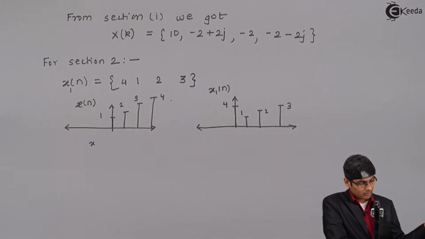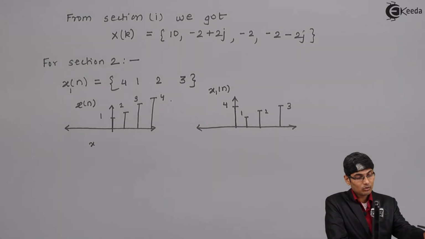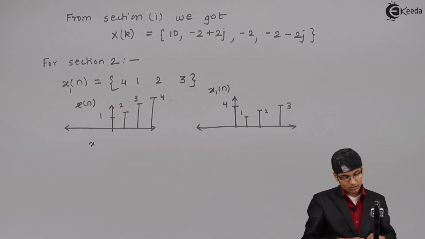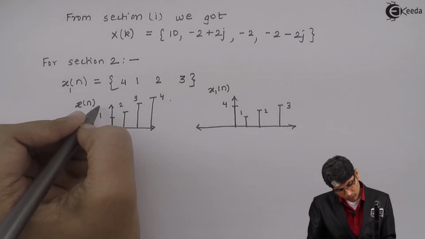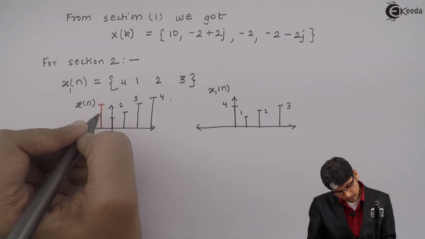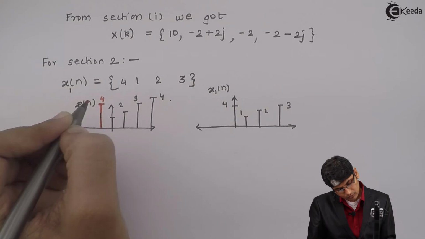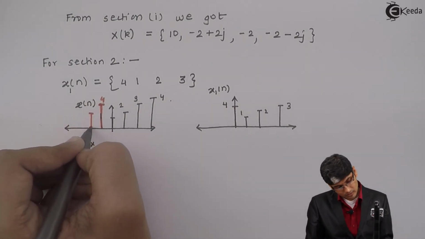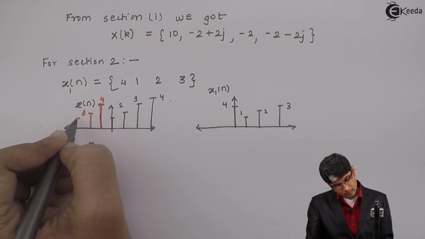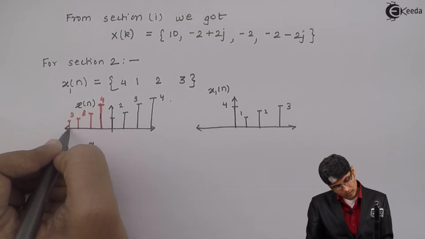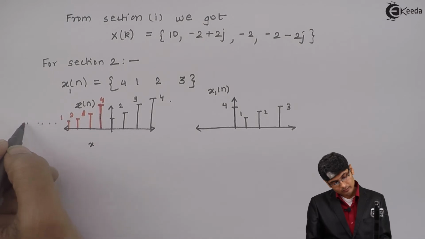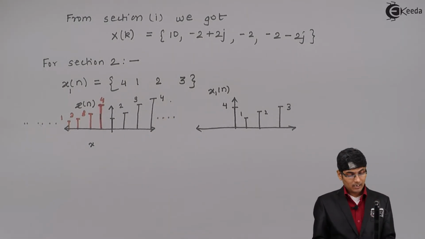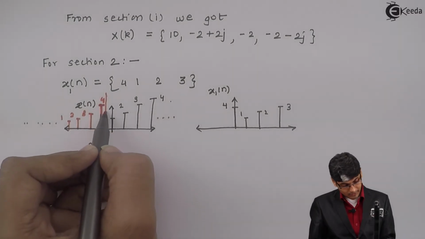I have another sample over here, which is 3, then 2 and 1, and this will go on both sides, because the signal is periodic.